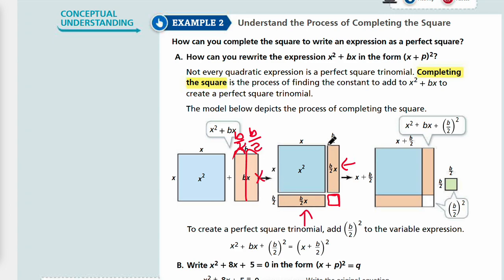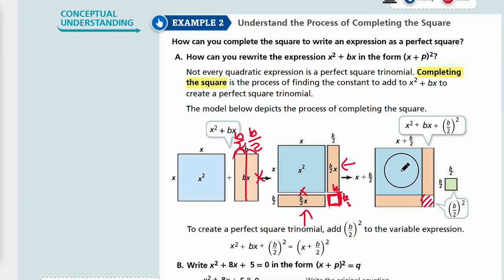Does that make sense? So if we put the rectangle on the bottom, that means we have b over 2 here and x over here, and that matches, right? And so that means each side of this square remaining that we're missing is just going to be b over 2, right? So b over 2 times b over 2 is b over 2 squared. And so this area is b over 2 squared, right?